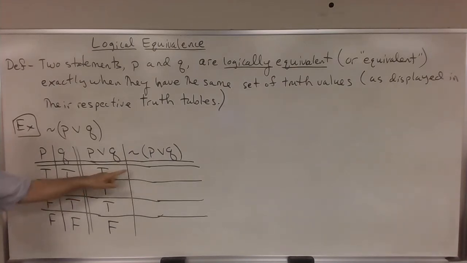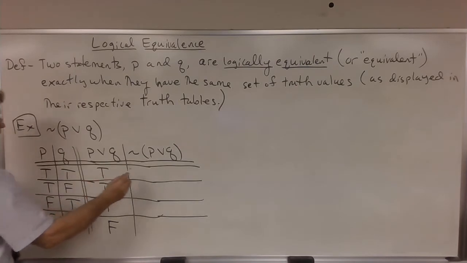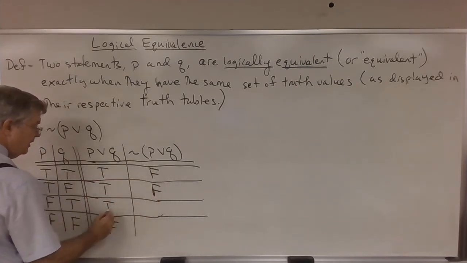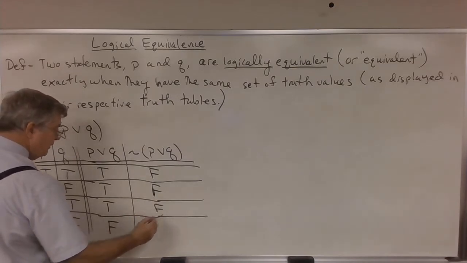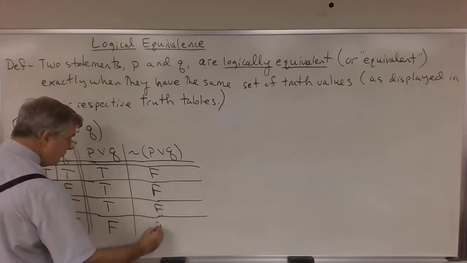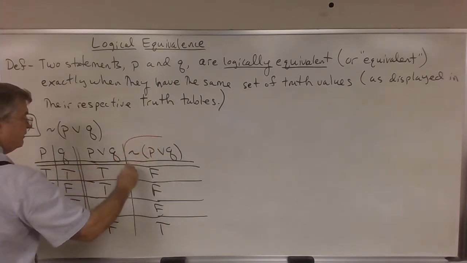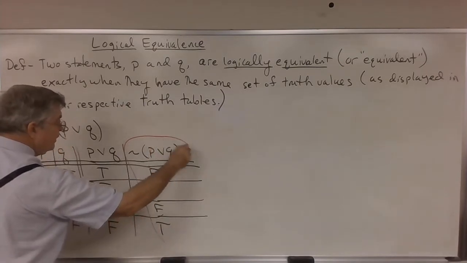It changes true to false and false to true. So we have true becoming false, true becoming false, true becoming false, false becoming true. So these are the truth values for not (P or Q).